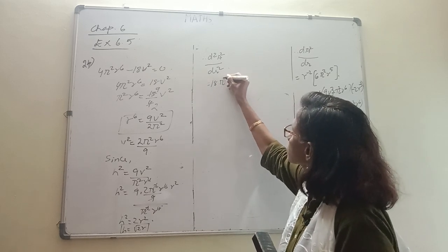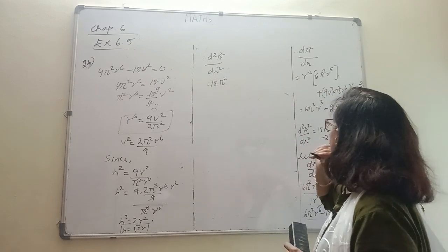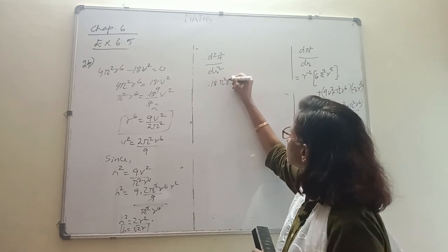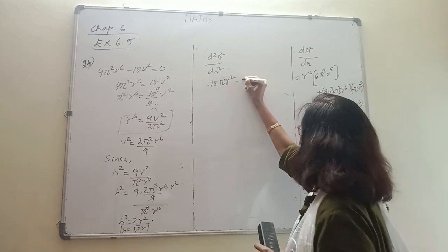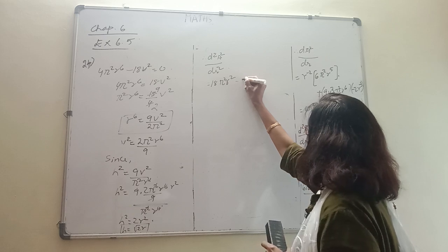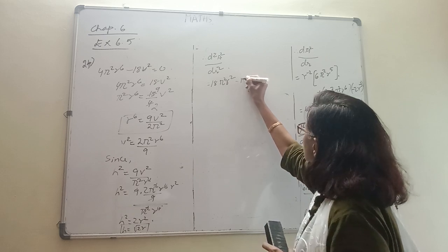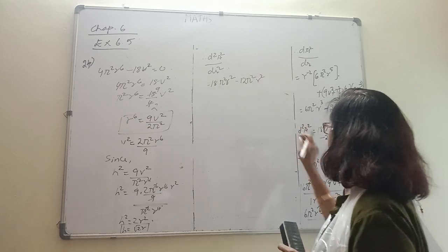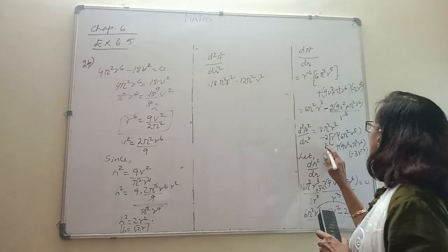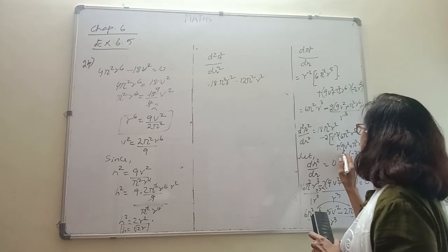It's like 18 pi squared r squared minus 12 pi squared r squared. After you do the simplification, I'm also simplifying it, okay? So 2 times, and then you have this.